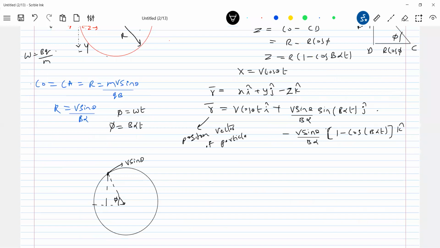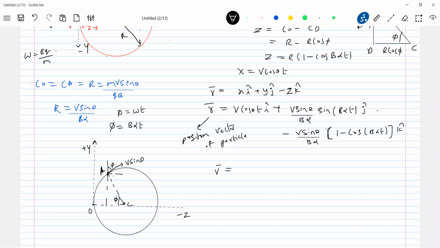This is phi. This will be phi. This will be phi. Okay, so there's a point, you know. This is the center C and this is the origin. What is the direction? This is the y-axis, and this is the minus z. This is plus y. First you define v bar.